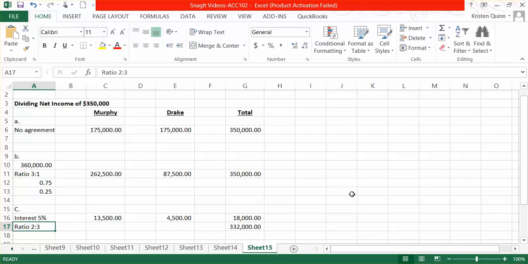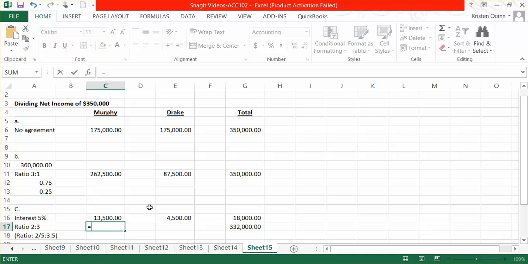Again, a ratio is just a different way of expressing a fraction. So if we take the two numbers that are shown in the ratio, the 2 and the 3, and we add them together, we can now express our ratio as a fraction of 2/5 to 3/5, meaning that Murphy will receive 2/5 of the remainder and Drake will receive 3/5 of that remainder.